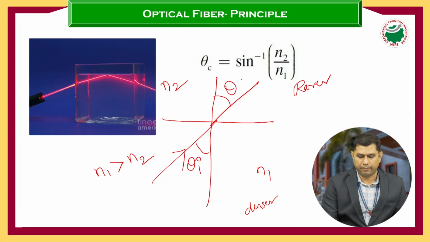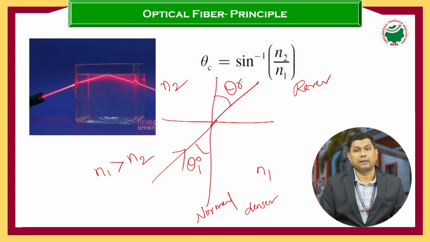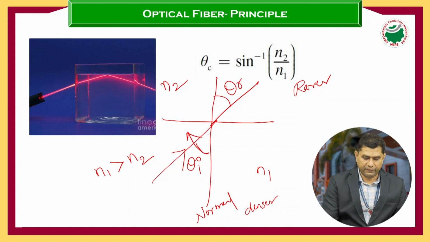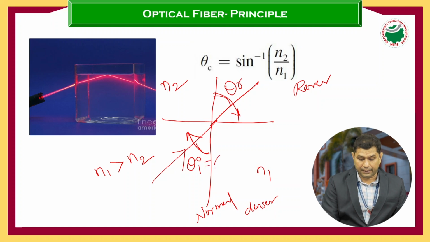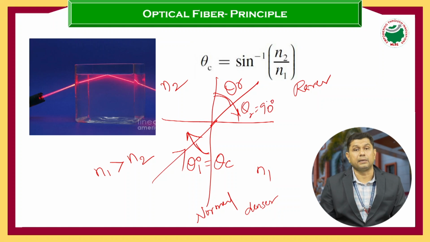The angle made by the refracted ray with the normal is called the refraction angle. As the angle of incidence increases, the angle of refraction also increases. At a particular angle, called the critical angle, theta r becomes 90 degrees.